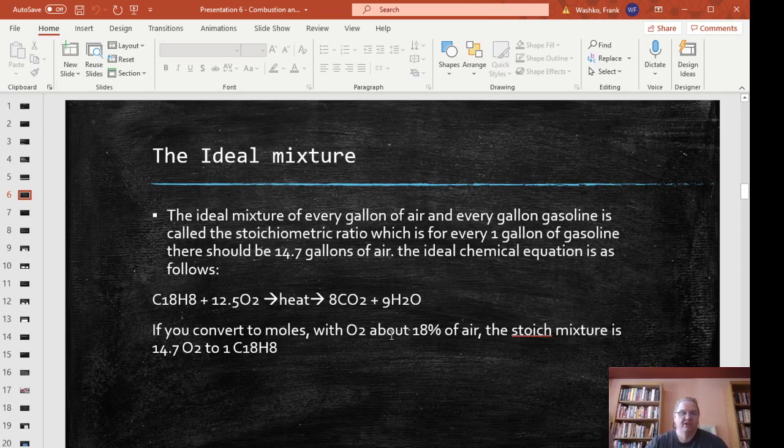What you get on the other side, if it's balanced, is 8 carbon dioxides and 9 water, for one C18H8 and 12.5 O2s.